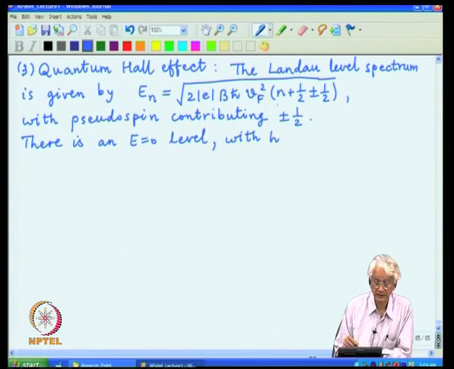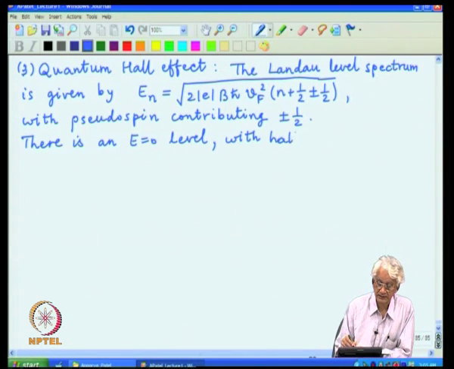For example, the 1 can be obtained by 1 plus half minus half, or it can be obtained also as 0 plus half plus half. So, there are two ways of reaching this value 1, but there is only one way of reaching the value 0, which has to be 0 plus half and minus half.